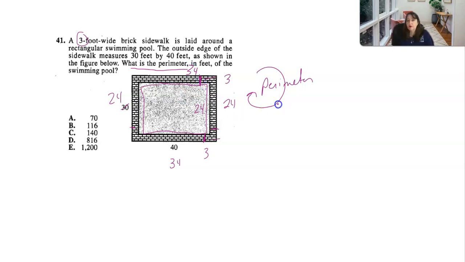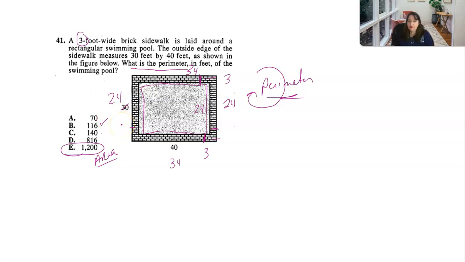The reason I want to make sure I write perimeter everywhere is because right there is the area of my pool. I want my area. So now all I have to do is go 20, 40, 60, 80, 100. So basically you're looking at, which one? That's right, 116.